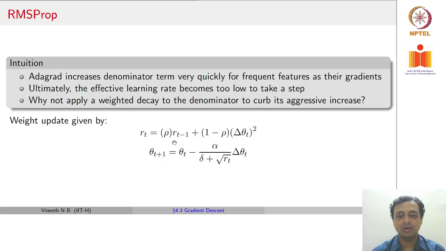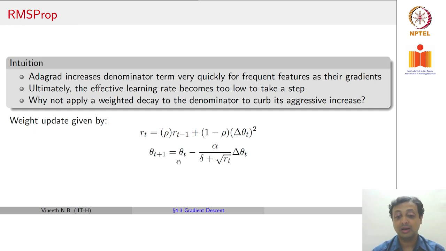So rho RT minus 1 plus 1 minus rho delta theta t whole square. This now ensures that because of the rho and 1 minus rho, the sum cannot keep exploding and is now controlled. Think about it for a while as to why, and you'll get why this will not allow you to explode.